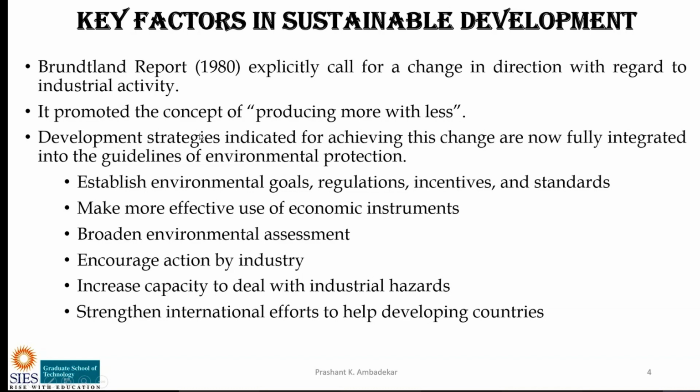How it can be minimized, or by using some other chemical or other treatment, how that industrial waste or hazard can be minimized. So we have to increase capacity for that. Then strengthen international efforts to help developing countries. So these were the strategies at the world level, at the level of the different developed countries.